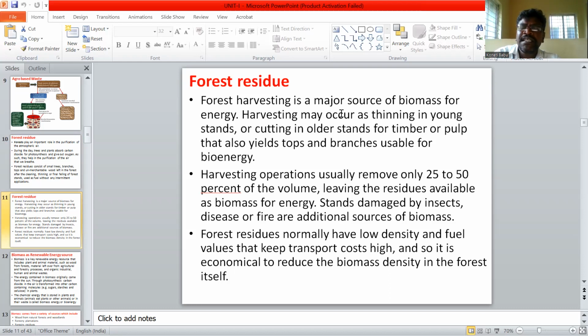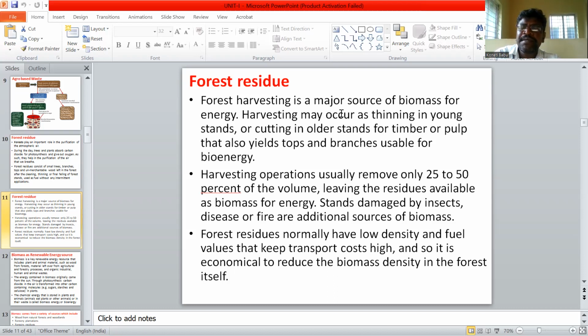The harvesting operation usually removes only 25 to 30% of the volume, leaving the residues available as biomass for energy. The wastes are also used as biomass or bioenergy.